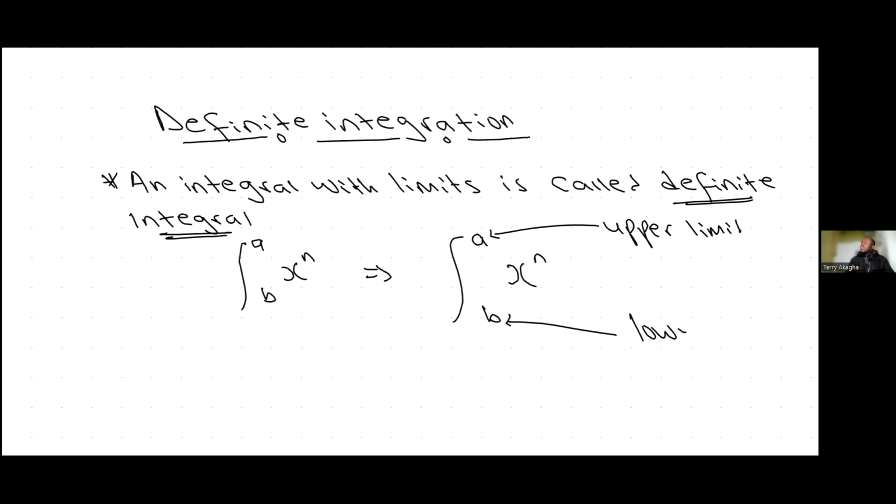Solving definite integration is exactly the same, but the only difference is that the C is omitted, and you substitute the upper limit, substitute the lower limit, and find the difference of the two results.